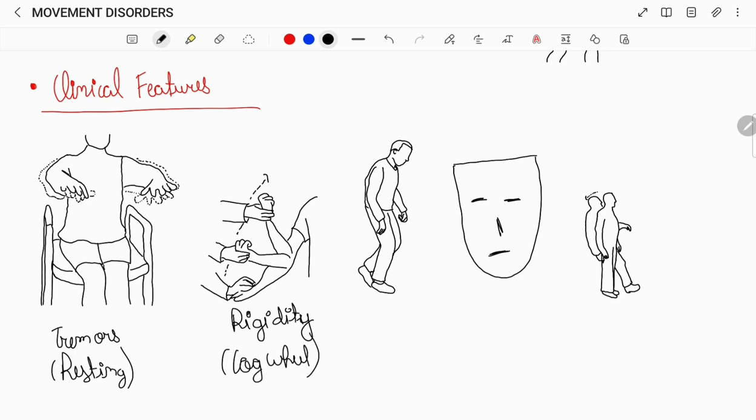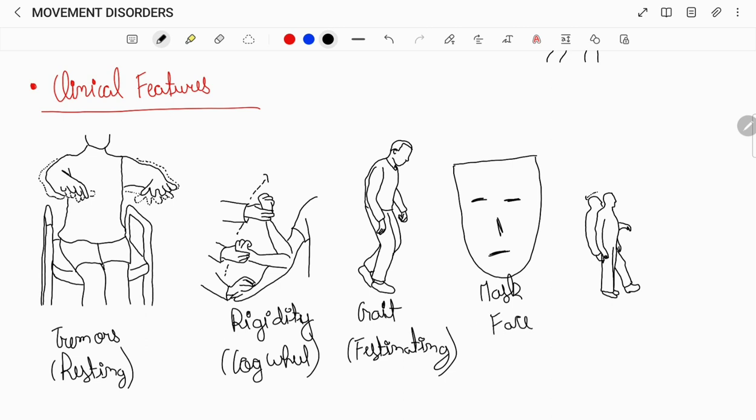In the third diagram, what you see is a gait problem, wherein the patient moves by bending in a forward direction, and this is known as festinating gait. In the fourth diagram, what you see is an expressionless face, that is a mask-like face.